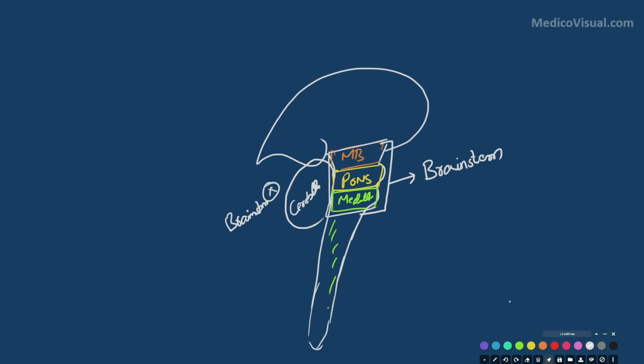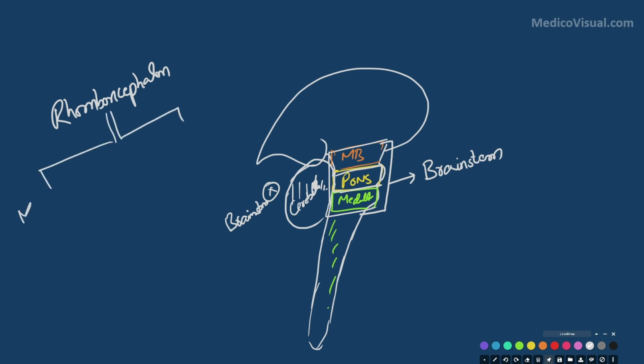But the cerebellum is often discussed with the brainstem, actually, because it is derived from the rhombencephalon, right? Let's write it here. Rhombencephalon is divided into two parts.